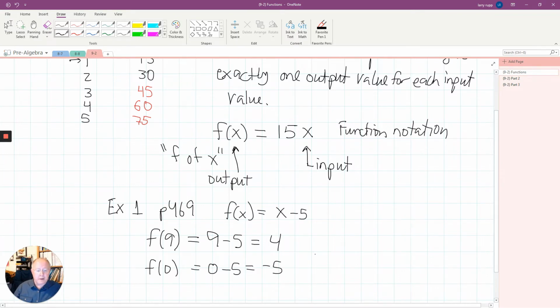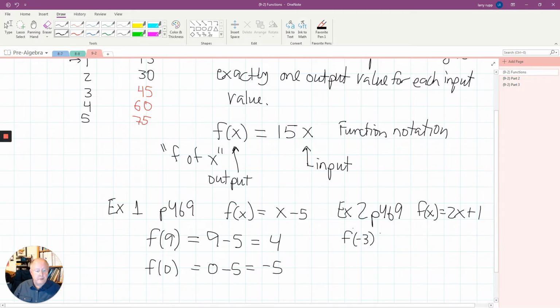Okay, let's do a second example then. Example 2, again on page 469. It says, how about if you have f of x is equal to 2x plus 1. What is f of negative 3?